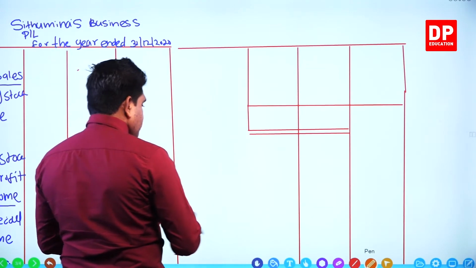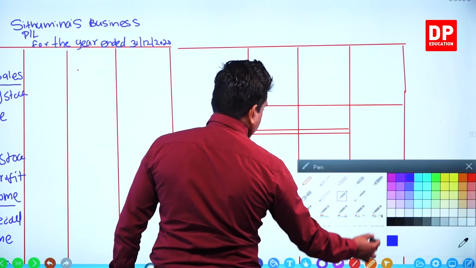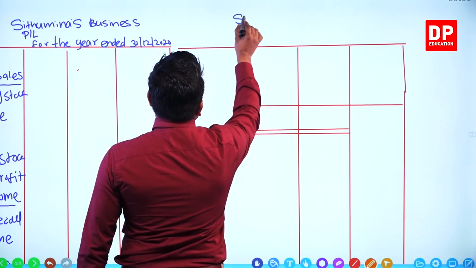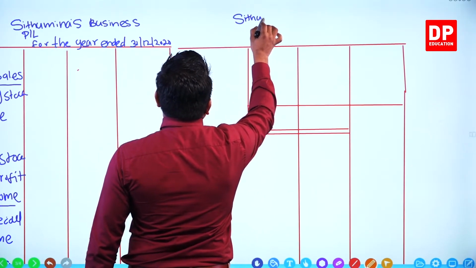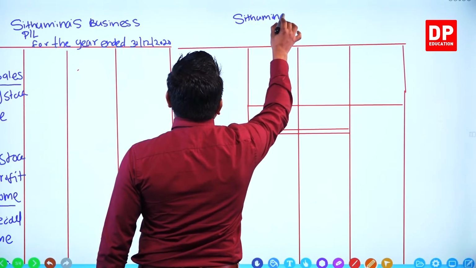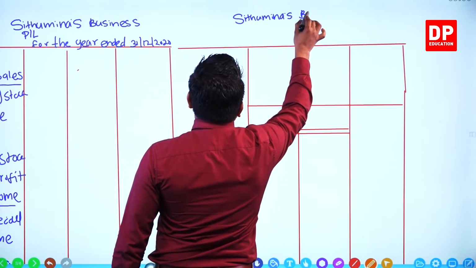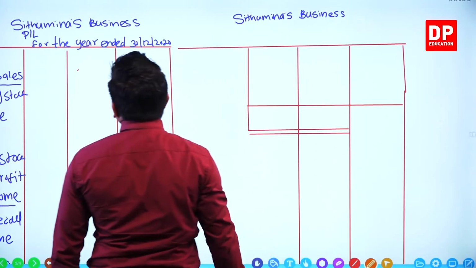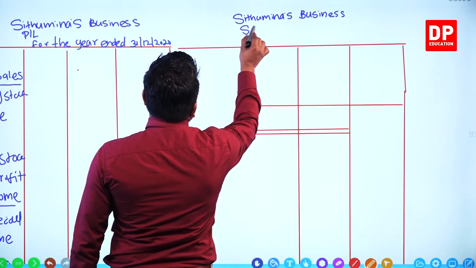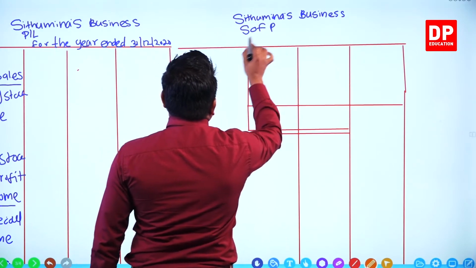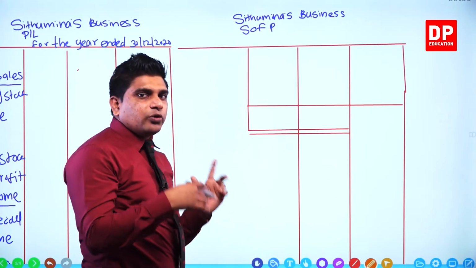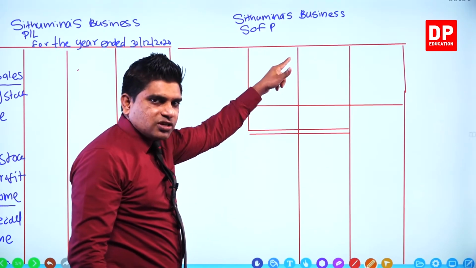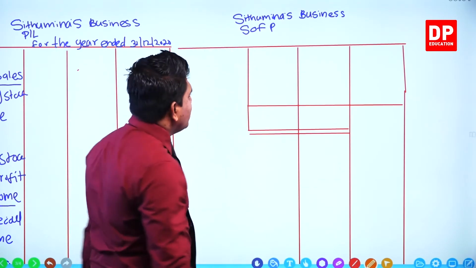Now here we write the name, Situmina's business, same business. Statement of financial position. I use a short word, but you have to write the long word.